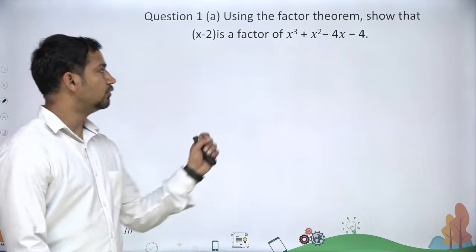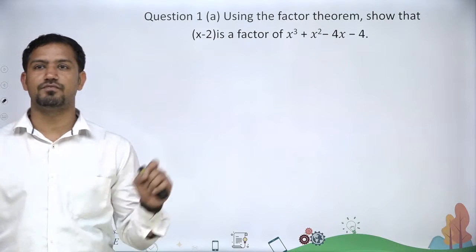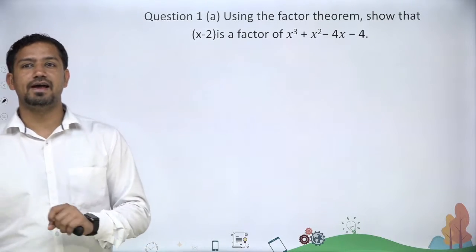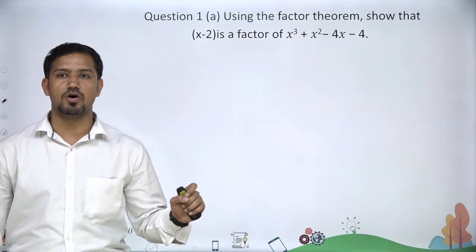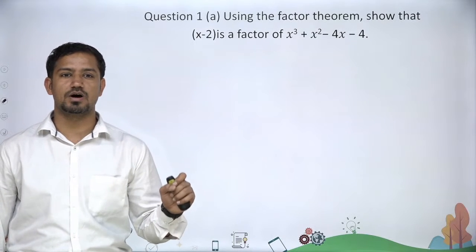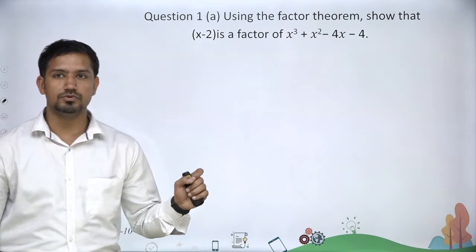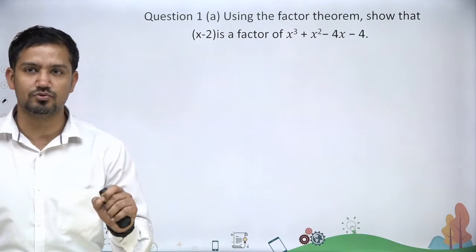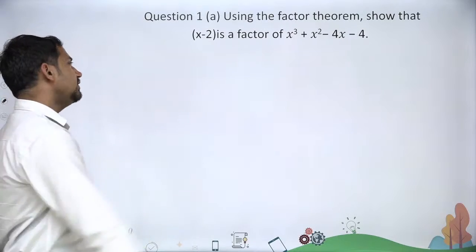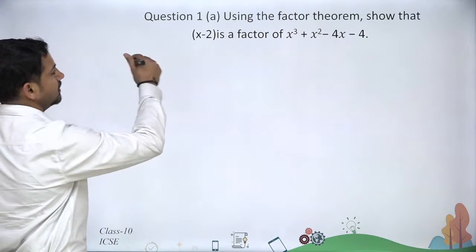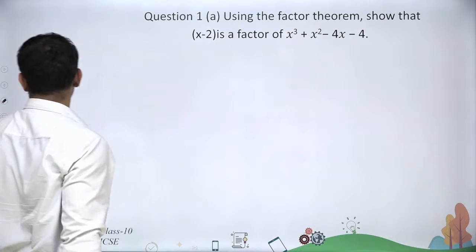Now see, using the factor theorem, show that x minus 2 is a factor of x cube plus x square minus 4x minus 4.